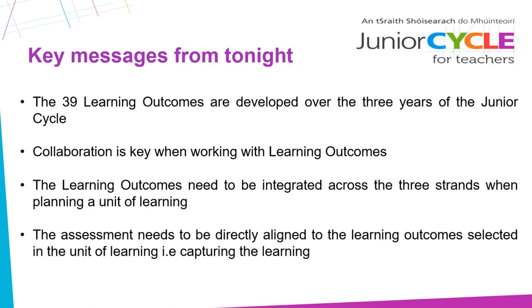We do need to integrate learning outcomes across the 3 strands when planning a unit of learning. Learning outcomes are not designed to be taught in isolation. The assessment needs to be directly aligned to the learning outcomes selected. In other words, we hope to capture the learning.